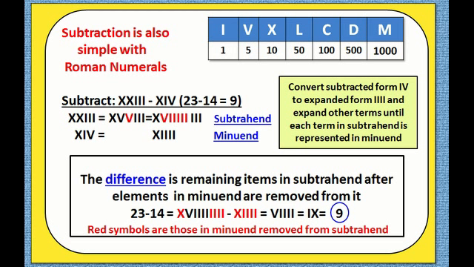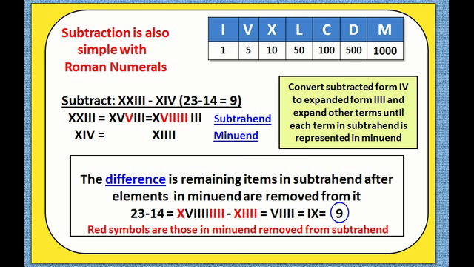Subtraction is also simple with Roman numerals. To subtract XXIII minus XIV, which is equal to 23 minus 14 equal to 9, the first step is to convert the XIV in the subtrahend to XIIII. So there are no subtractive elements in the value.